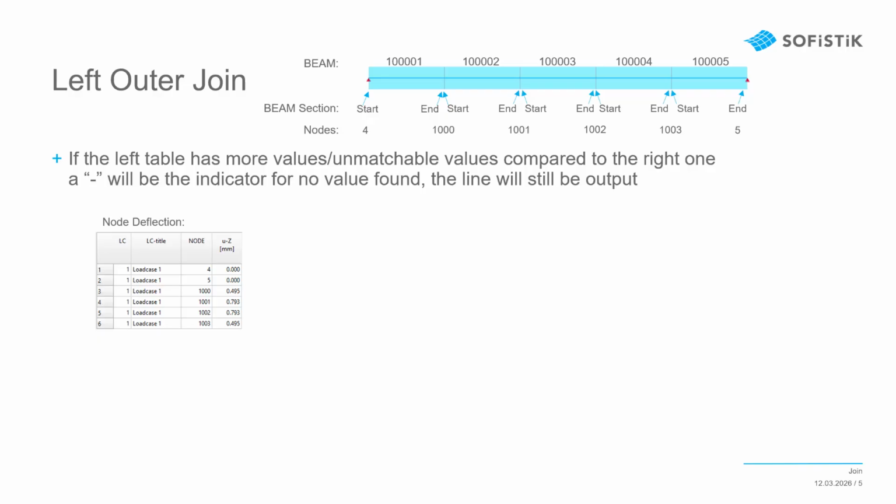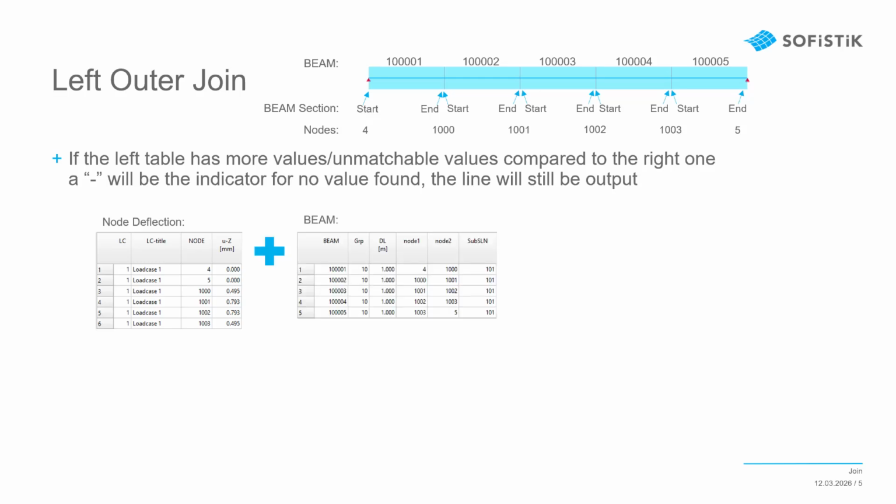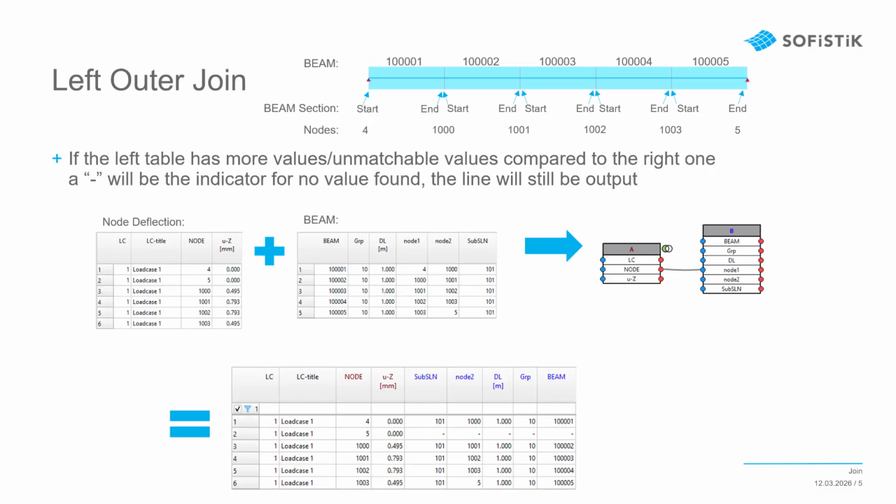If we now take a look at the node deflections, we can see here the table which showcases all the corresponding nodes with their vertical deflection. If we now want to join this together with the already mentioned beam information that was also matched in the table before, and we use the left outer join functionality, we will get this table.